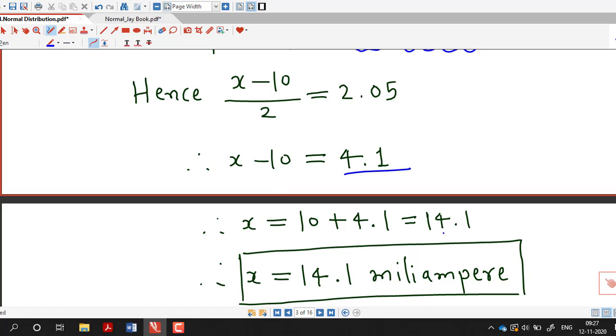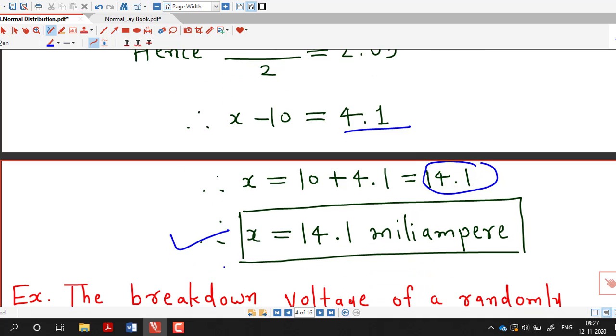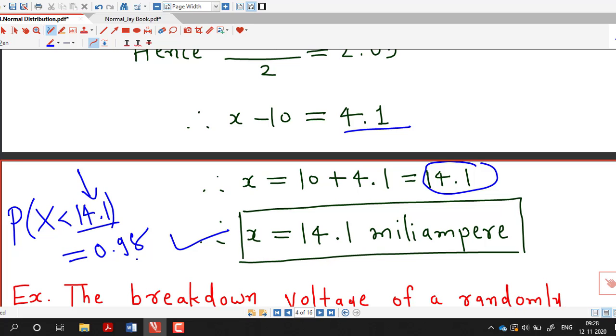Therefore x is 14.1 milliampere. So if we take a current measurement less than 14.1, then the probability is 0.98. So we found the value of current measurement such that the probability that the current measurement is less than this value is 0.98.